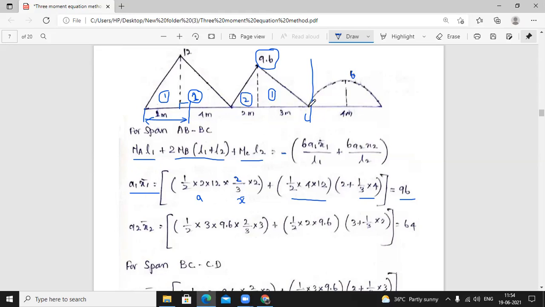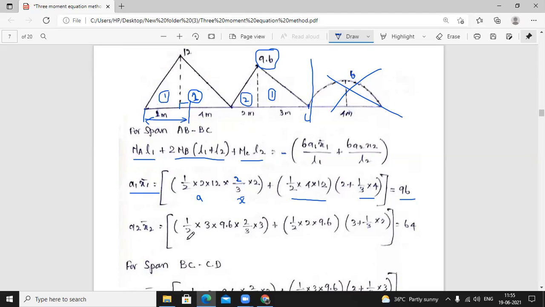It is C. So we have to take the centroid from C. For the AB span, A point is the edge point, so we take the centroid from A. For the BC span, C point is the edge point. We are focusing only on the AB and BC spans.